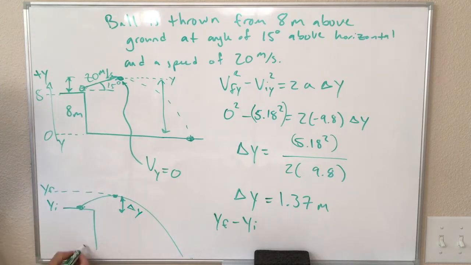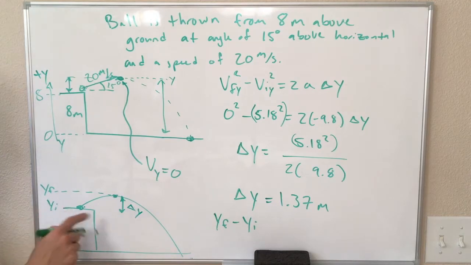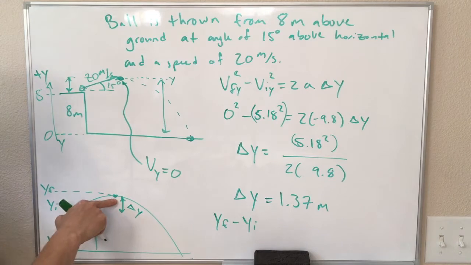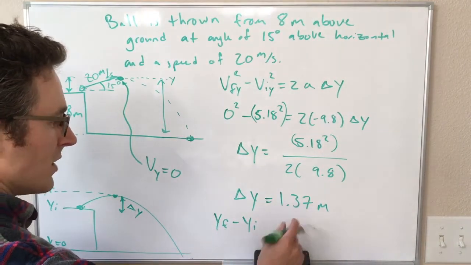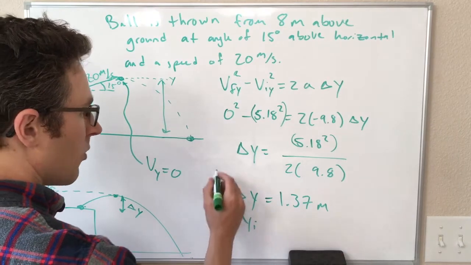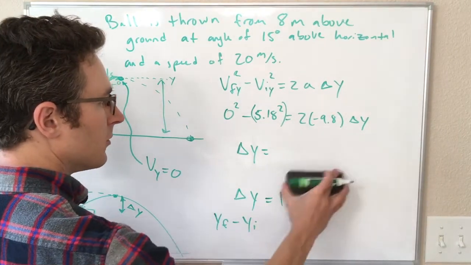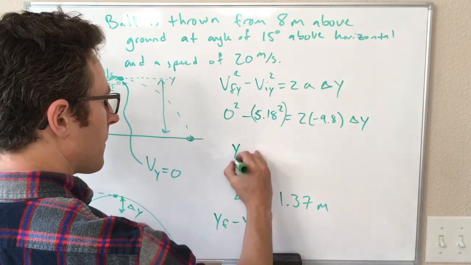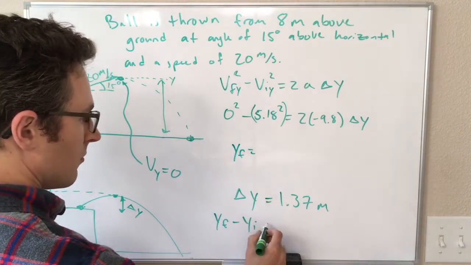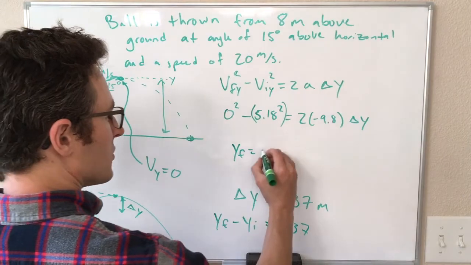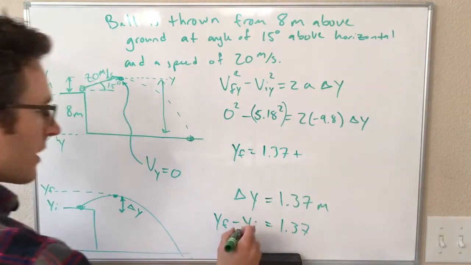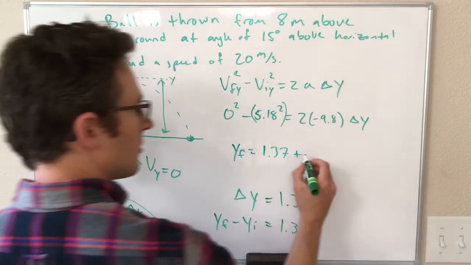We did call the ground y equals 0. So if we wanted to know what the height of this point was above the ground, we would want to solve for y final, which means we would add y initial to both sides, right? So y final, solving this equation for y final, I get y final equals 1.37 plus y initial, which is 8 meters.